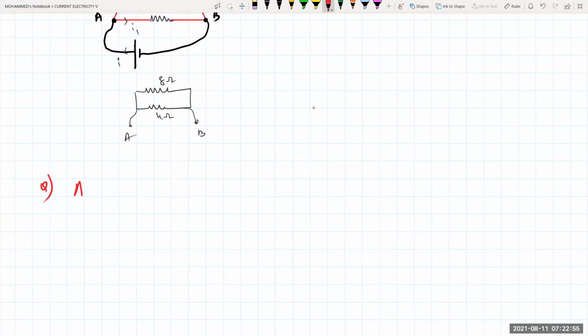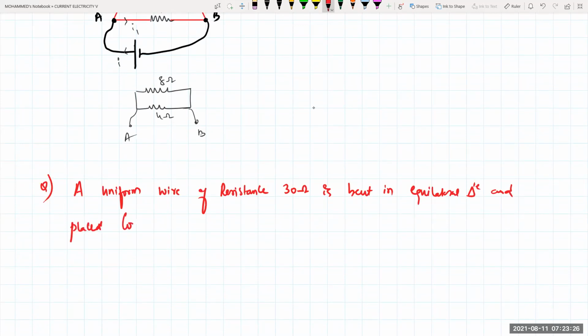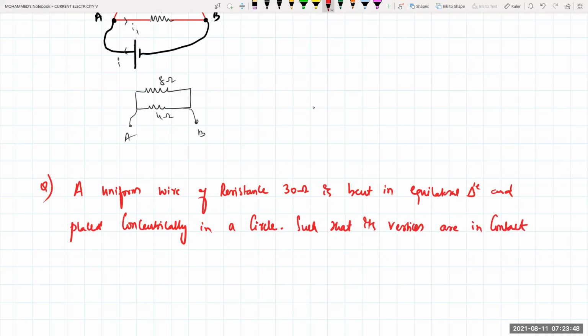Now you do this question. I'll be waiting for you. A uniform wire of resistance 30 ohm is bent in equilateral triangle and placed concentrically in a circle such that its vertices are in contact with the periphery of the circle.